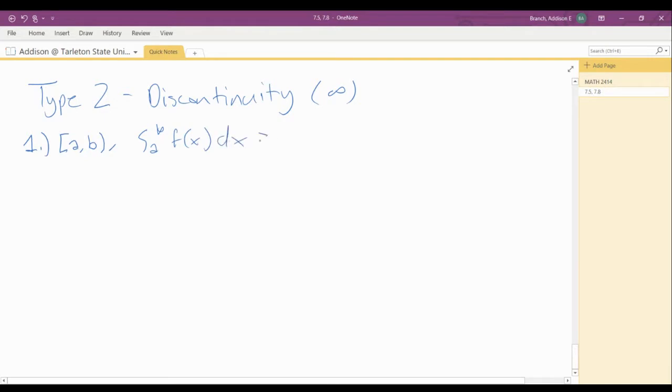then what we have to do is rewrite this as a limit as t approaches B from the negative side of our integral from A to t of f of x.